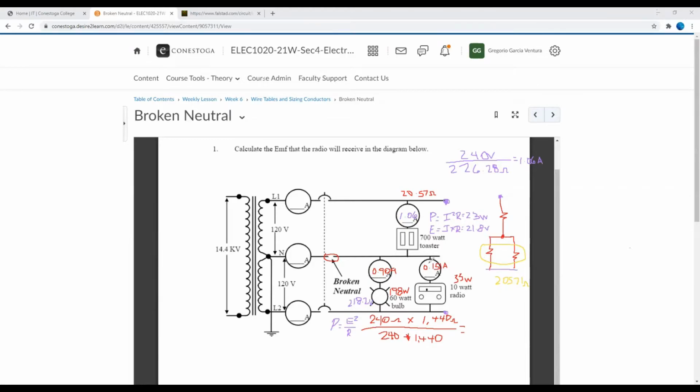And of course, this amps value plus this amps value has to equal 1.06. So very close at least. And actually, when I do the calculation on my calculator, I get a very close value, 1.051, because of some of the decimals that I did not include in the calculation.